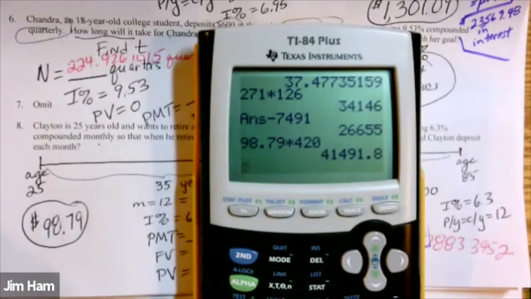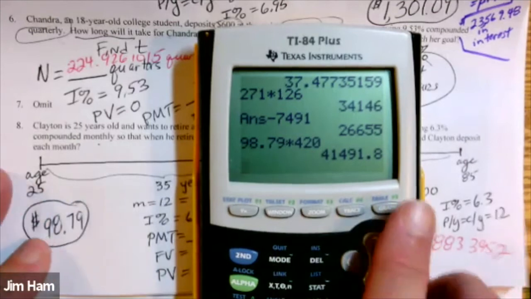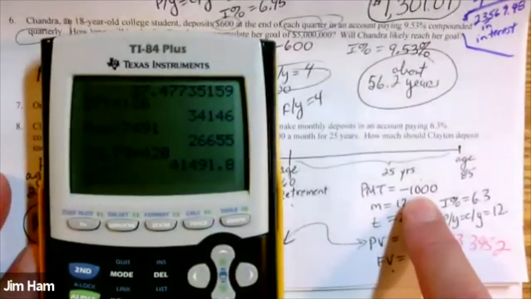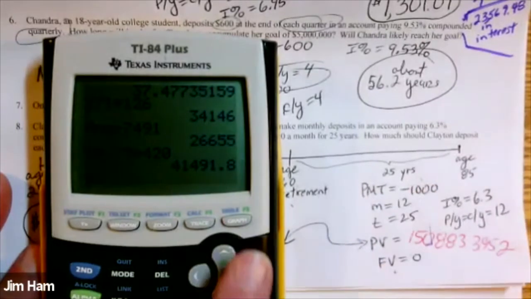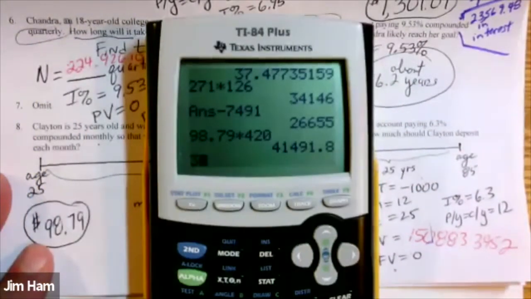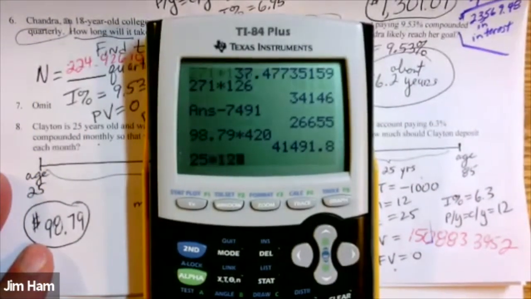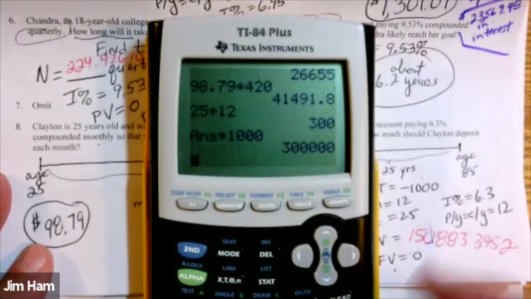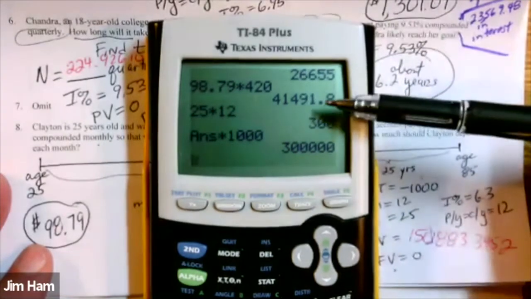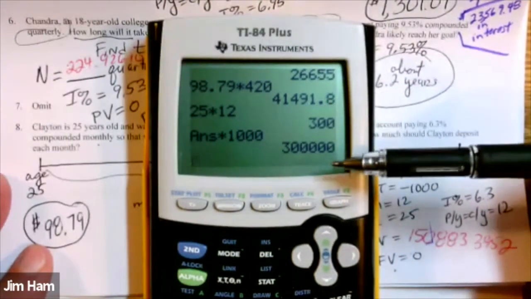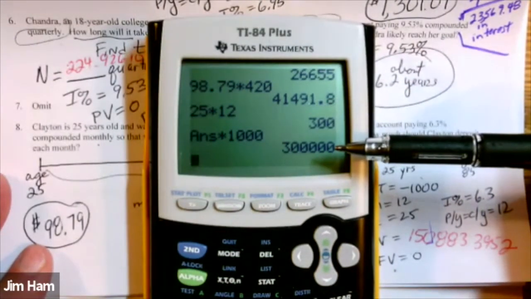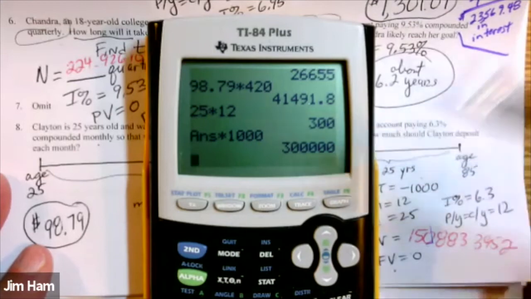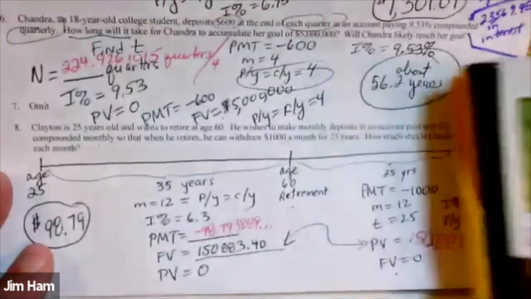Insignificant. But in the end, he's actually paying himself $1,000 over 25 years of monthly payments. So 25 times 12, 300 payments of $1,000. Compare how much he invested, how much he actually gets paid out. Quite a deal. Invest early, invest often.